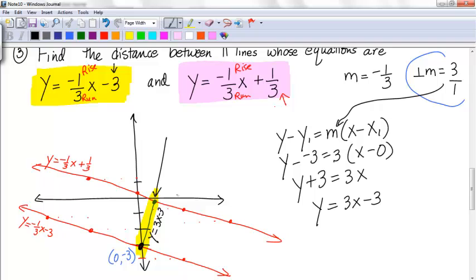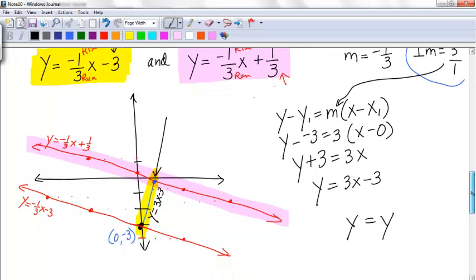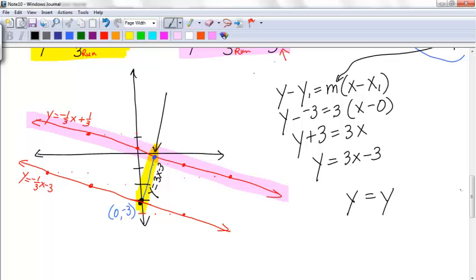Isn't that ordered pair on both lines? The ordered pair is on this line and it's on this line, right? So it's on both lines. You agree that y equals y? Because it's the same ordered pair, right, on both lines?